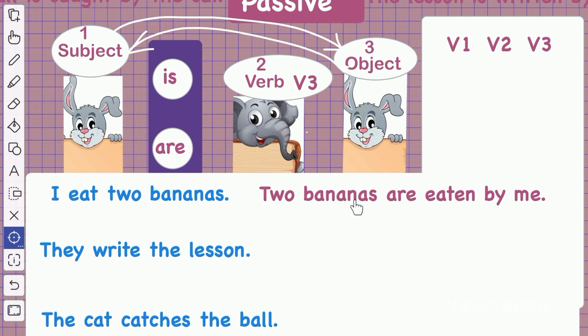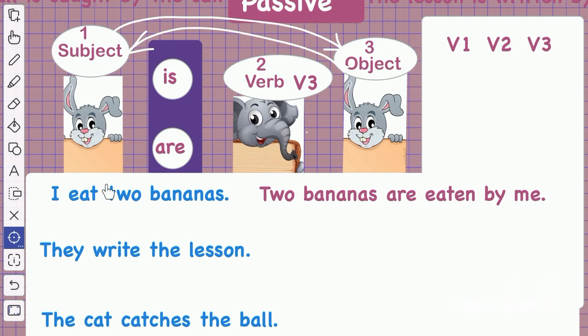First we write the object instead of the subject. We write 2 bananas at the beginning of the sentence, and then we come with is or are. Because I have plural here, I come with are. So 2 bananas are, and then V3 of the main verb.